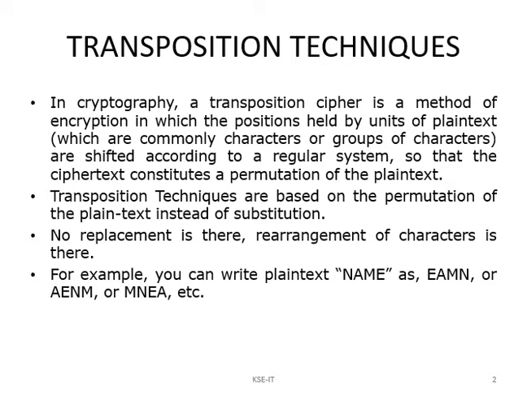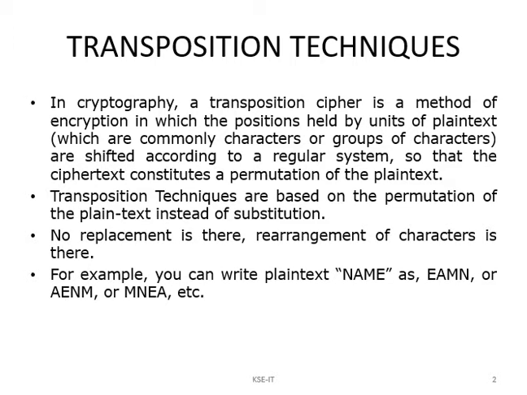In cryptography, a transposition cipher is a method of encryption in which the positions held by units of plain text, which are commonly characters or groups of characters, are shifted according to a regular system, so that the ciphertext constitutes a permutation of the plain text. Transposition techniques are based on the permutation of plain text instead of substitution.